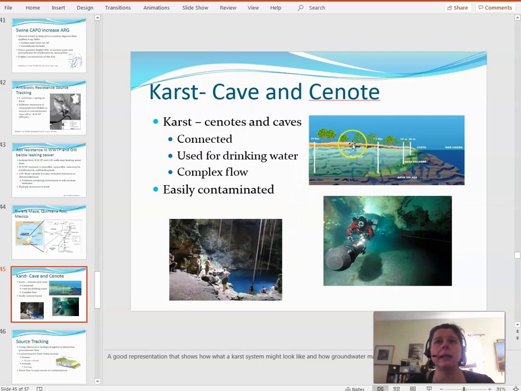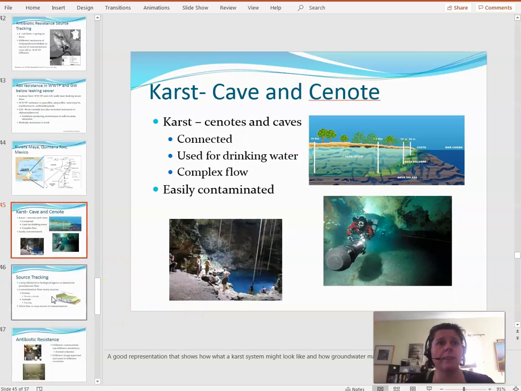So anything that happens on the surface here leaks immediately into the groundwater supply and then gets into the drinking water supply, which is located about 14 kilometers from the coast. And so this water can be easily contaminated, especially when you have a lot of tourists who are bringing antibiotics with them because they're like, oh, I'm going to Mexico, I need to be safe. And so it brings antibiotics and antibiotic resistance down to Mexico.